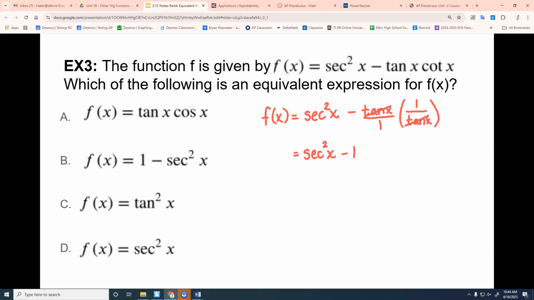So on this type of question where they're asking for equivalent expressions, you do not want to try to move something to the other side. If it's an equation like we were dealing with on the first one, where you're setting two things equal, then moving things back and forth is fine. That's a good question though.